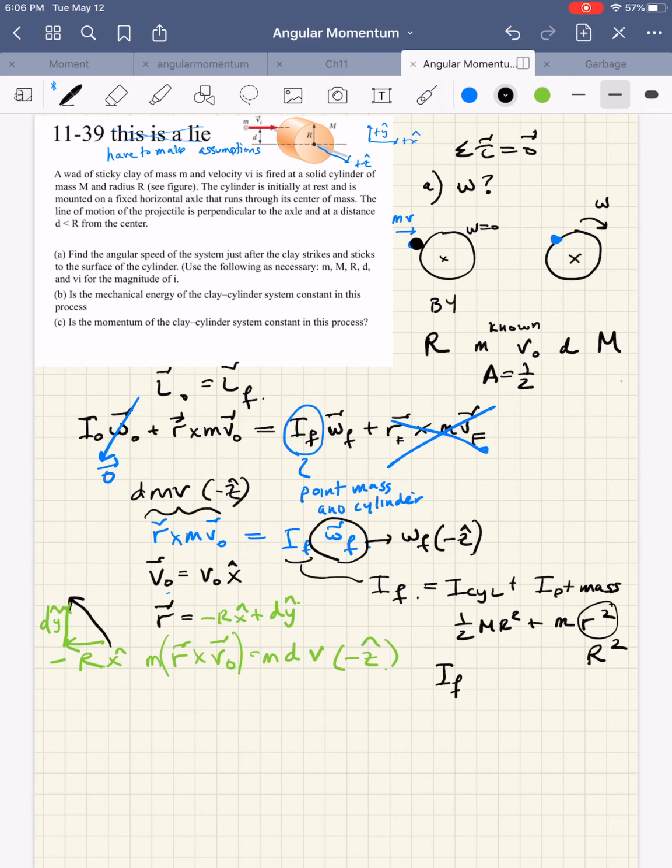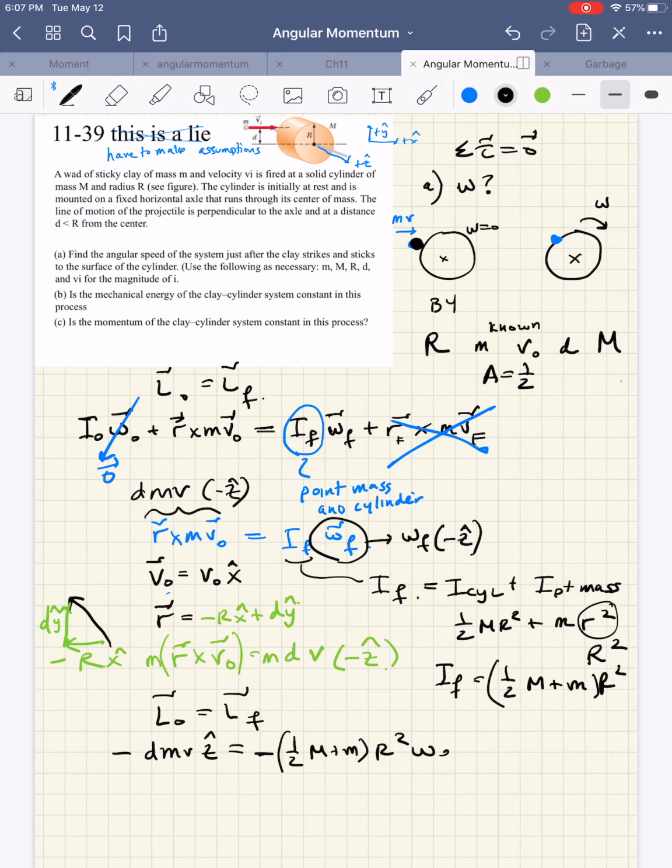So I final is 1/2 M plus m, times r squared. So putting it all together, L naught equals L final: minus d m v z hat equals minus (1/2 M plus m) r squared omega final z hat. And I can solve now for omega final from this, getting rid of the z hats and the negative sign.